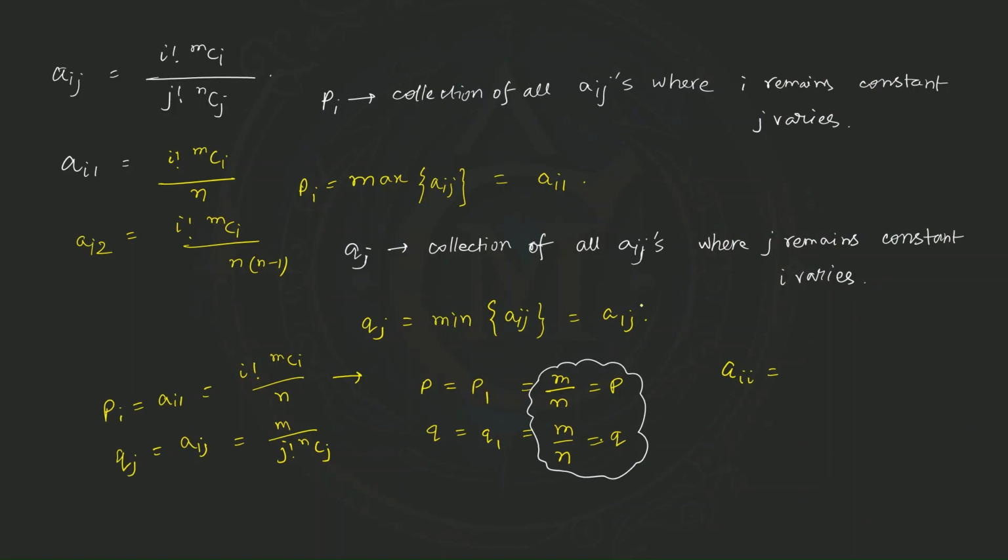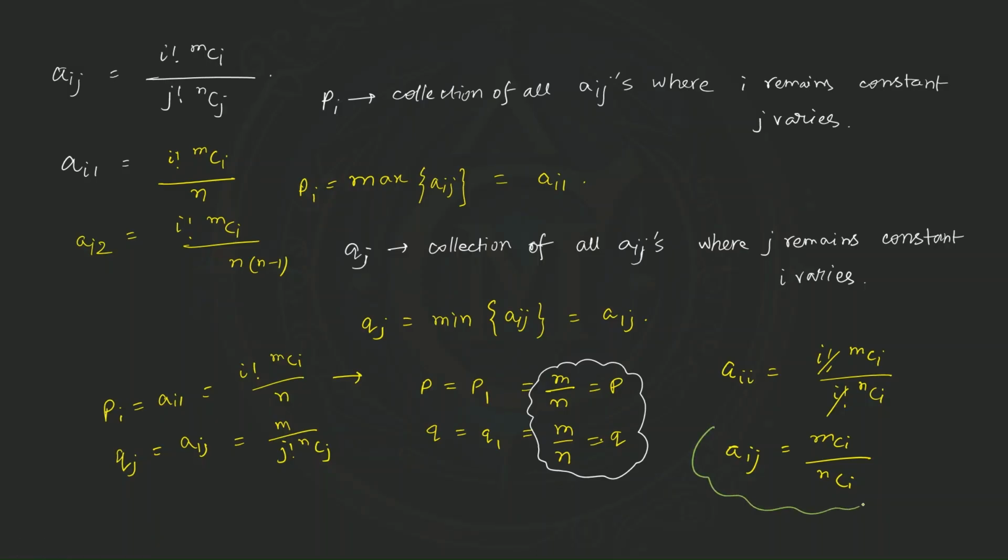So aii is basically i factorial mci divided by i factorial nci. So i factorial will get cancelled. That means aij is mci divided by nci, right?